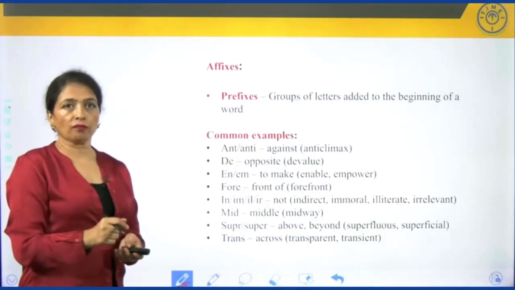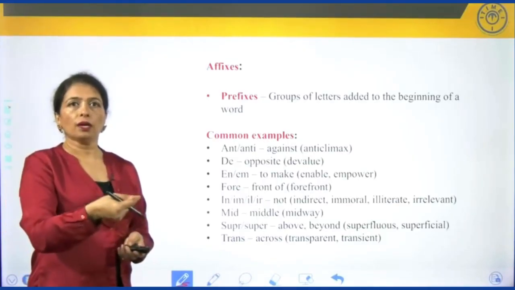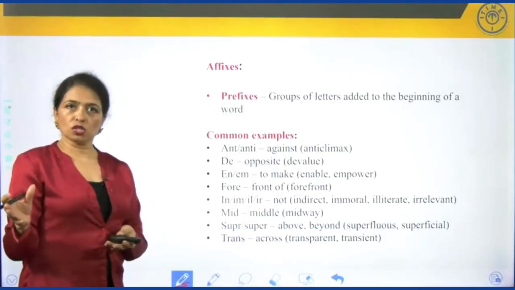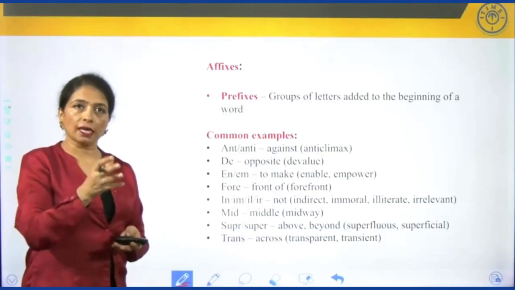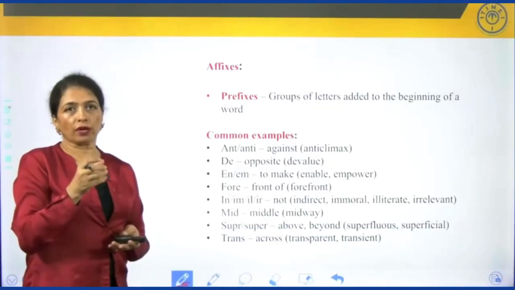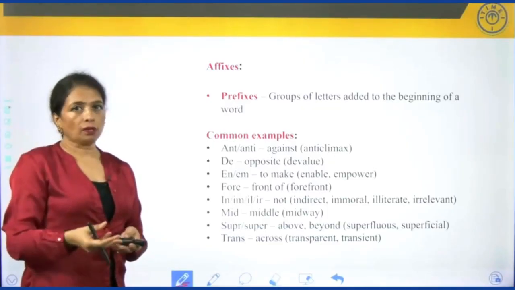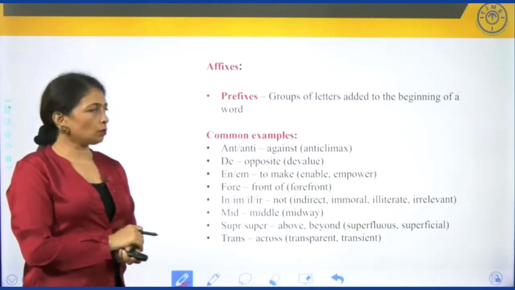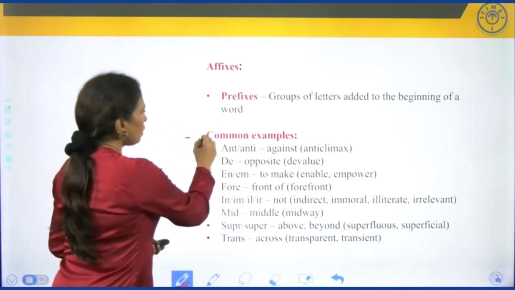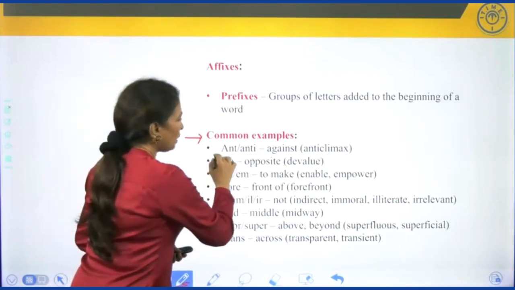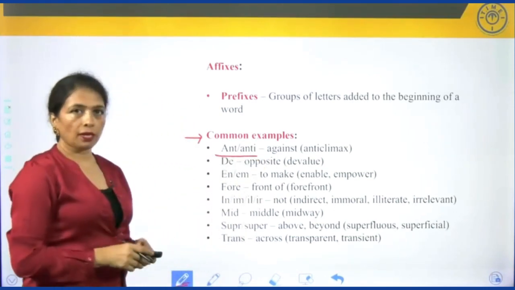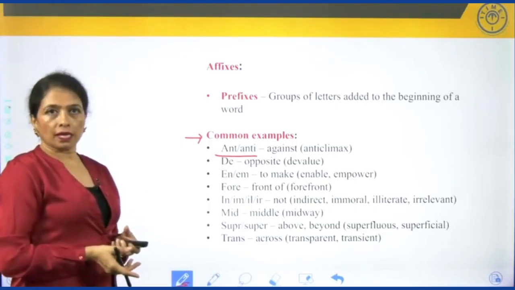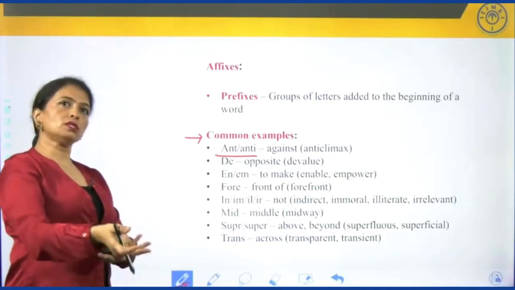So, whenever you now, henceforth, come across any word that has a prefix and it is very obvious, please do not just let it pass. Pause and then look, try to find the meaning and think of the meaning, try to recollect what I discussed with you in this video. So, here are the common examples. What are they? Ant or anti. A-N-T or A-N-T-I mean against or something which opposes something else.